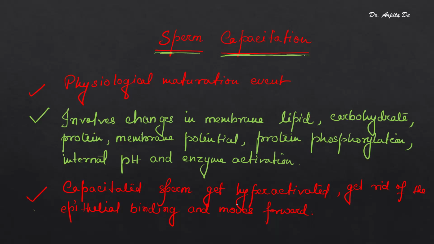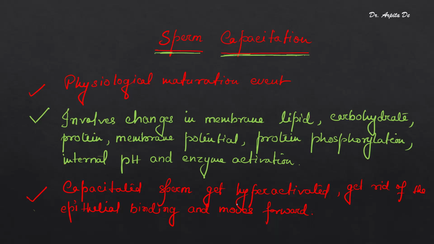It is basically a physiological maturation event that takes place in the vaginal tract, uterus, and oviduct. All these are involved here. It can be accomplished in vitro for many species using oviduct fluid, culture media, albumin protein, and all these things.